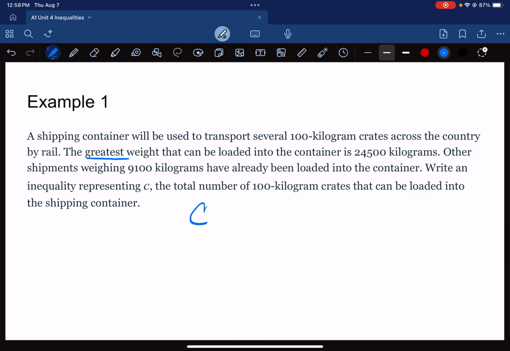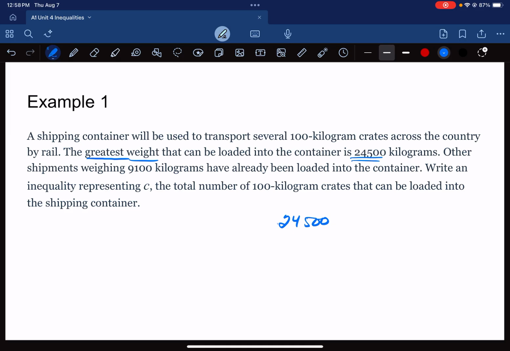What's the tipping point here? At what point have we loaded way too much into the shipping container? So I think this is the weight that we can't exceed. Okay, so 24,500 pounds has to be the greatest weight we can load in.